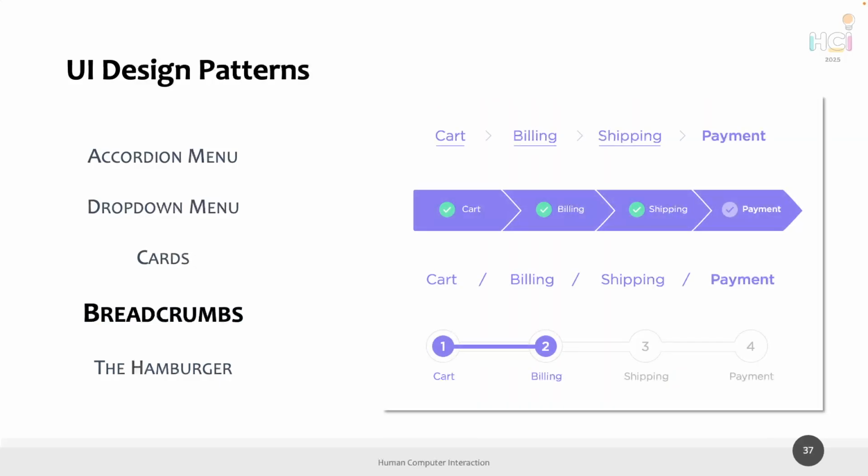This is interesting, breadcrumbs menu. You probably encountered this multiple times during your daily interactions. So it's this kind of step-by-step menu. What are the advantages of this menu, in your opinion? It shows the progress.